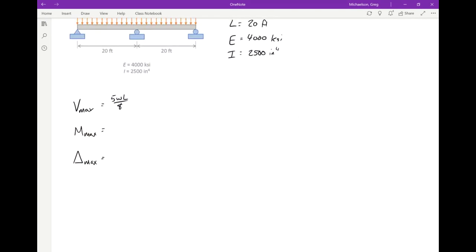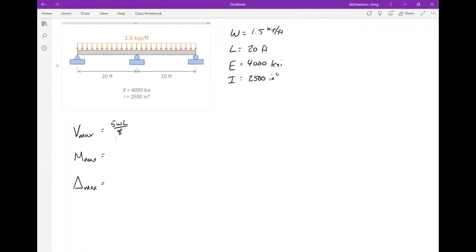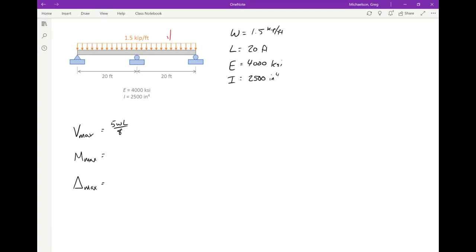I'm not using WL squared over 8 or some old formula. I'm using the formula that is appropriate for the condition I'm dealing with. Another thing a lot of people are doing in class is saying, what if I have a point load here? Let's say this is 80 kips.